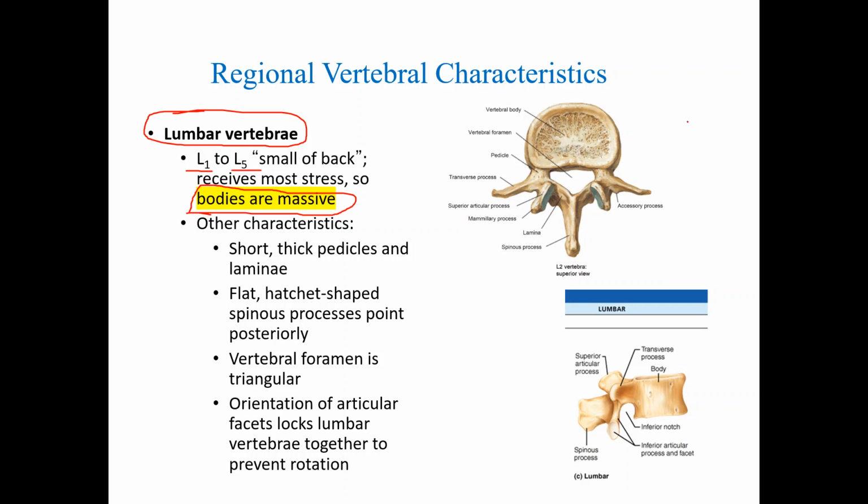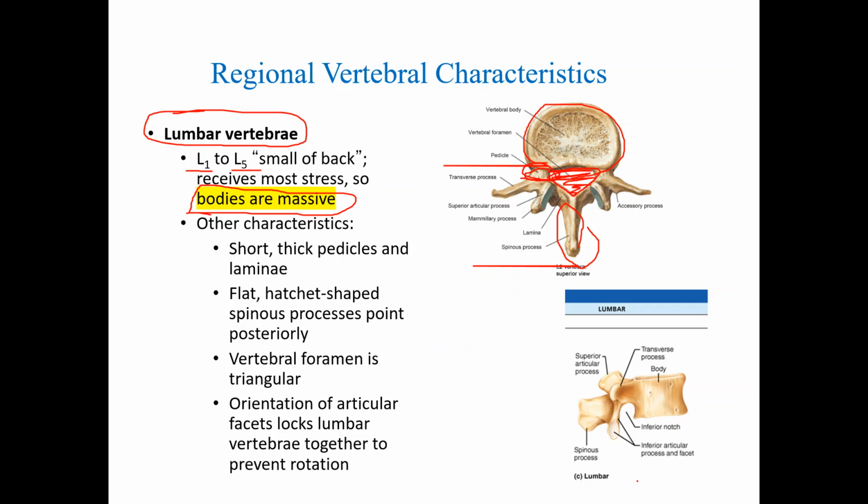These are the vertebrae that receive most of the pressure, most of the weight, and so of course the bodies here are really massive, really big, and they have very short pedicles, as shown over here, and they have a flat, very pointy spinous process that points posteriorly, of course, and the foramen has a very definitive triangular shape.